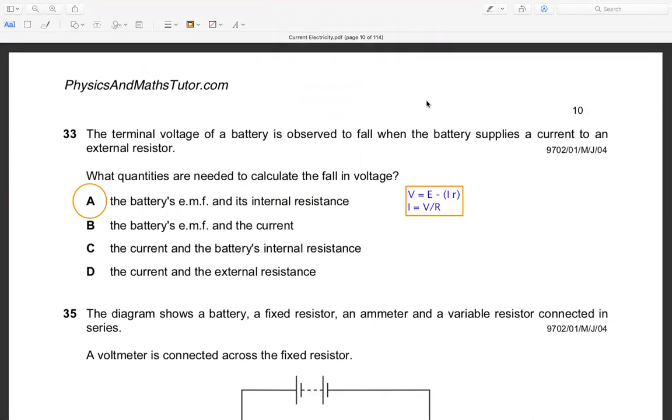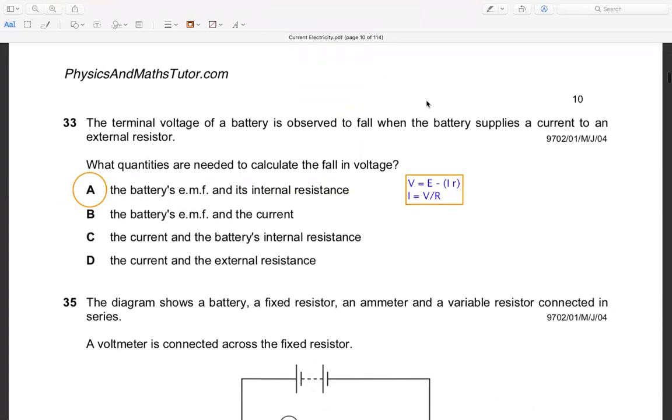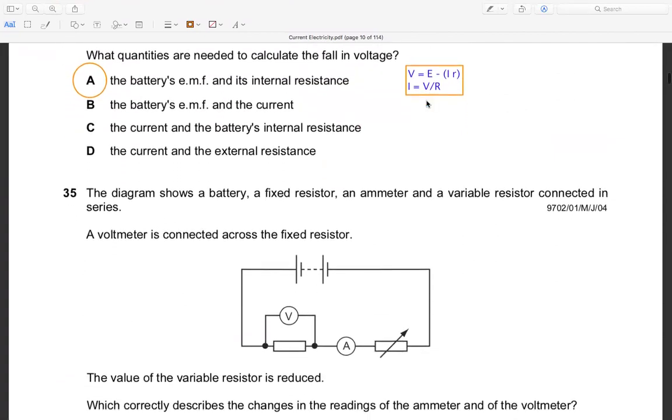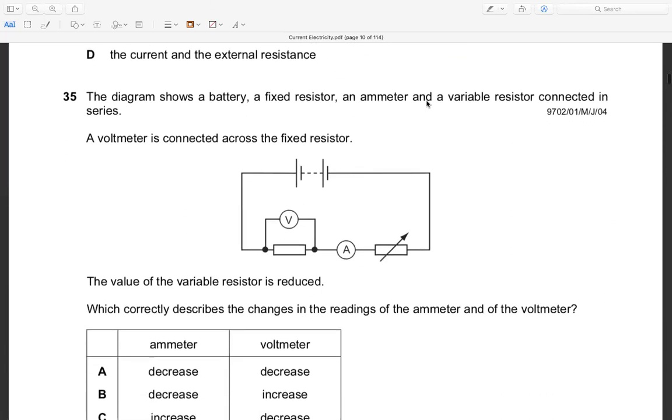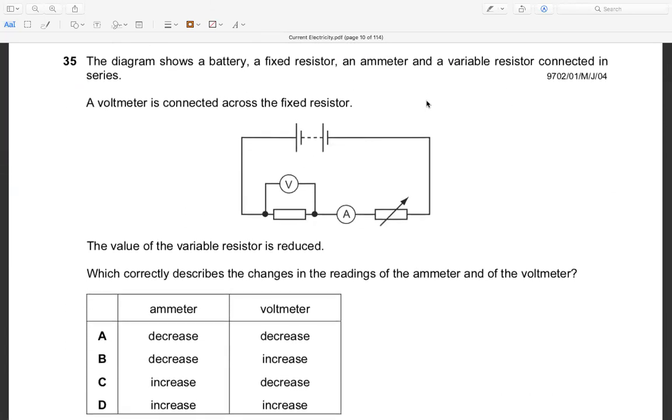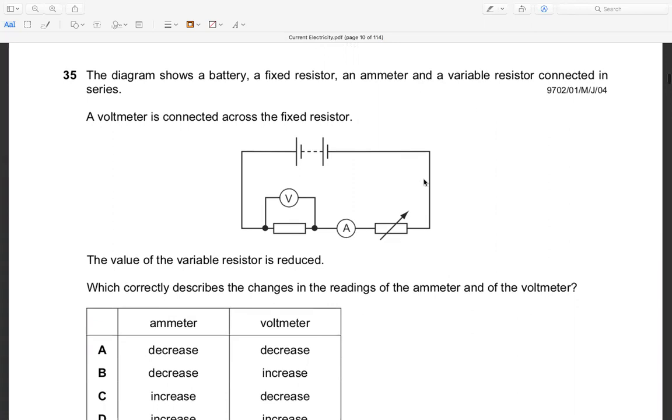Continue number 35 in page 10. The diagram shows a battery, fixed resistor, ammeter and variable resistor connected in series. This is the variable resistor.